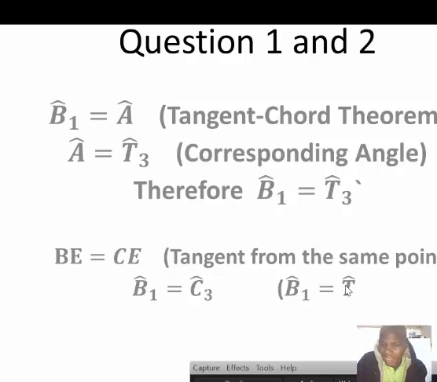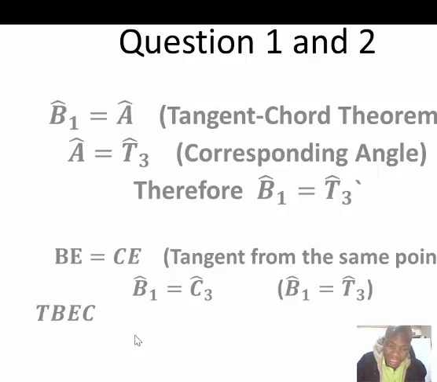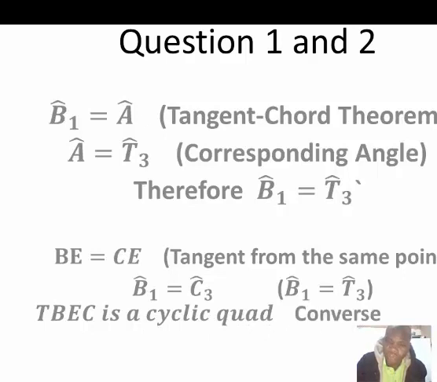Now, lastly, you will have a statement stating that TBEC is a cyclic quadrilateral because of converse angles in the same segment. So you have your converse angles in the same segment. Therefore, this makes it a cyclic quadrilateral.